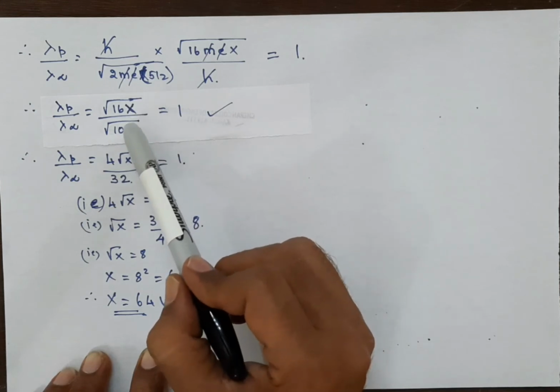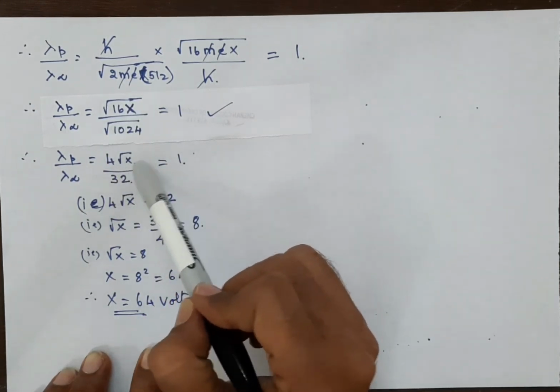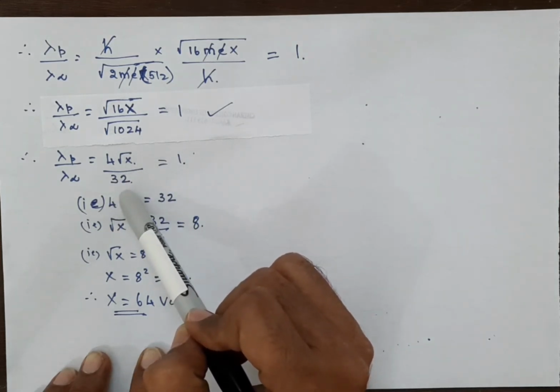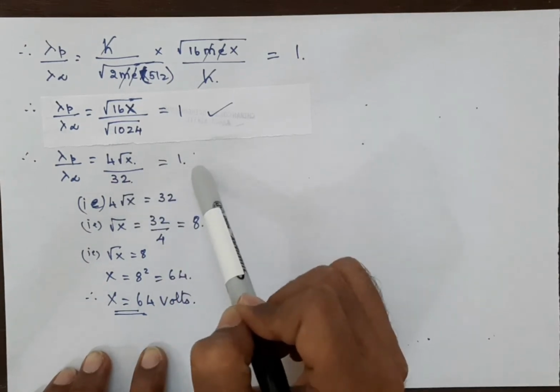Then when we take the root in the numerator, we get 4 into root x divided by 32, right? 32 square is 1024, so 32 is the root of 1024. It should be equal to 1.